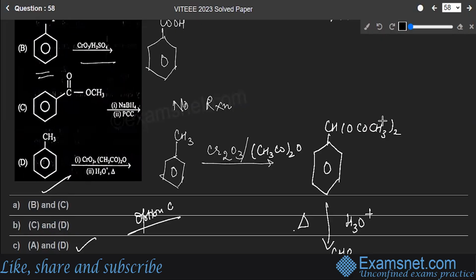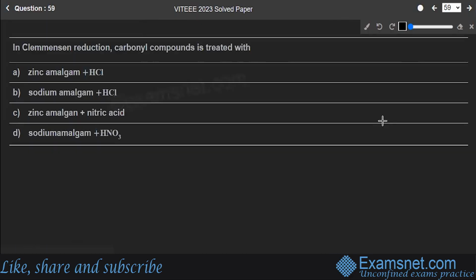Hope you understood this. Next is question number 59. In Clemmensen reduction, carbonyl compounds are treated with which of the following? See, the Clemmensen reduction is used to convert a carbonyl group like this. You have a C double bond O in the presence of zinc amalgam and HCl.